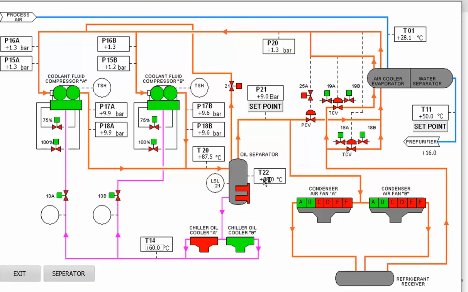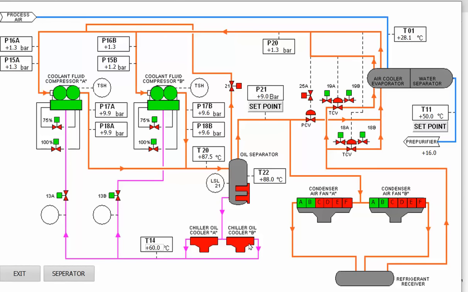And what we have next, these are the elements that I will explain in the program. The operation of these solenoids and valves is heavily interwoven with the chillers. So let me show you how air cooler B is shut down.